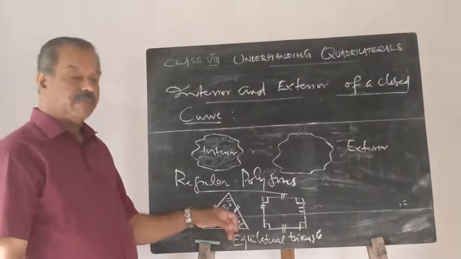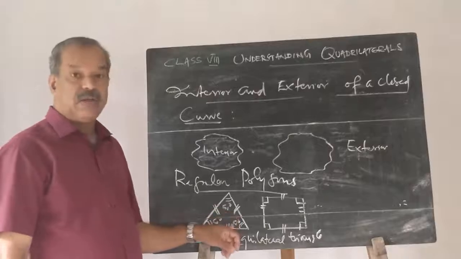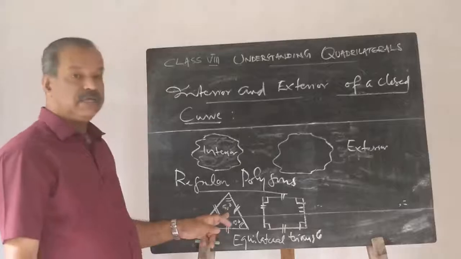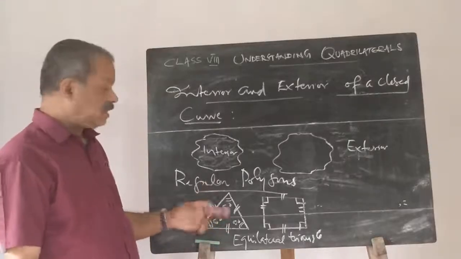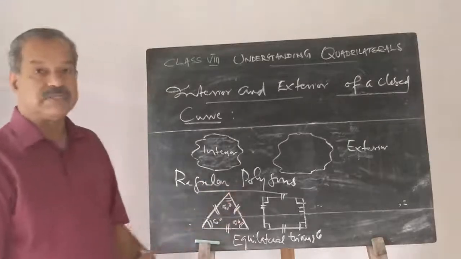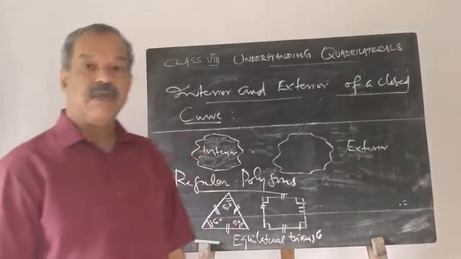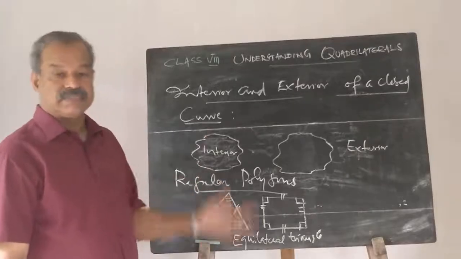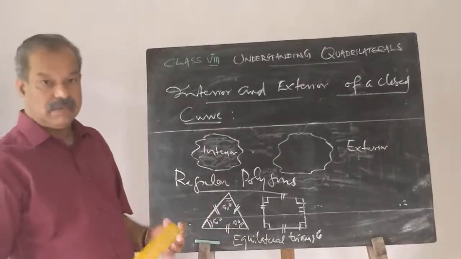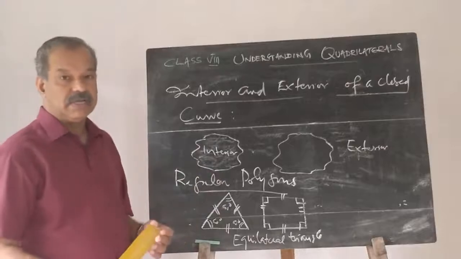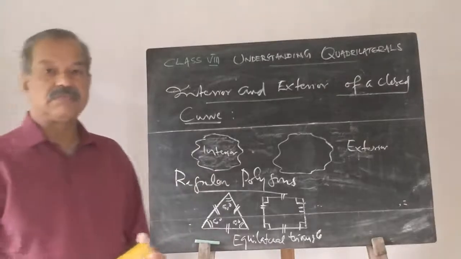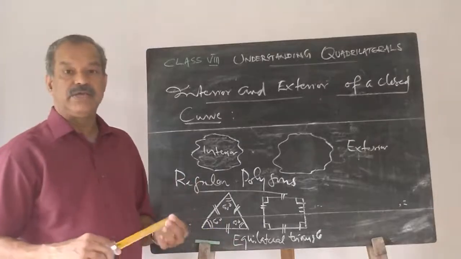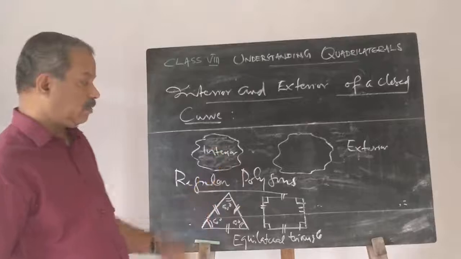They are equiangular, that is, all the angles are equal, and they are equilateral, that is, all the sides are equal. So a regular polygon is a polygon in which all the sides and all the angles are equal.